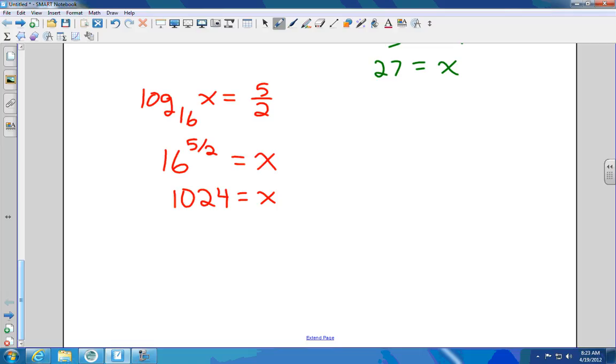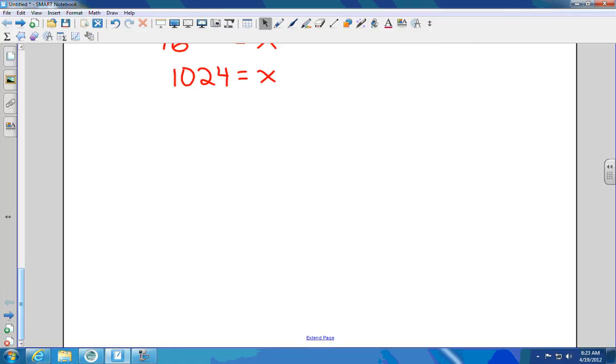One last example on page 513. We'll do example 6 there. Looks a little more drawn out. We have log base 5 of x squared minus 2 equals log base 5 of x.